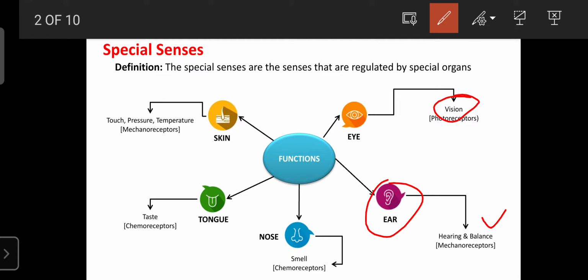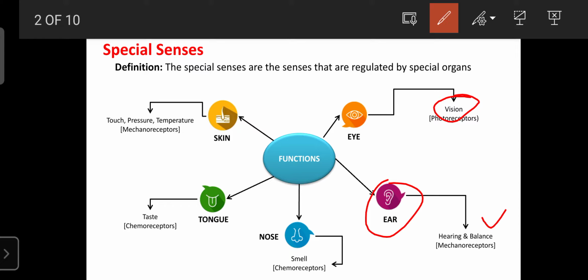In the eye, the retina plays an important role in vision, but in the ear, the eardrum plays an important role in hearing. When sound waves hit the eardrums, they create vibrations, and those vibrations are converted into impulses.